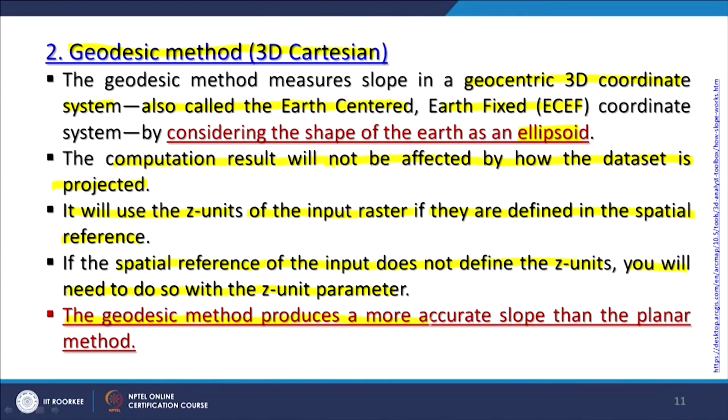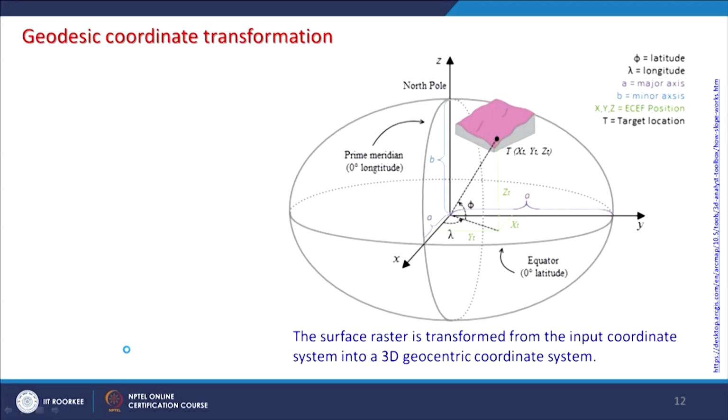However, if the elevation variations within a file are very high, you may get completely different results. It also matters how big an area is being represented, though the calculation is done using only a 3 by 3 matrix. So, this geodesic method produces a more accurate slope compared to the planar method.